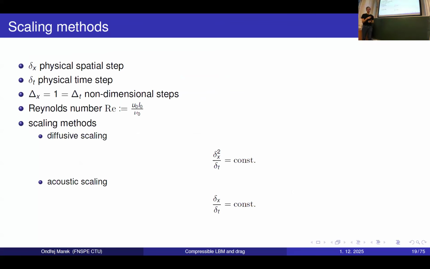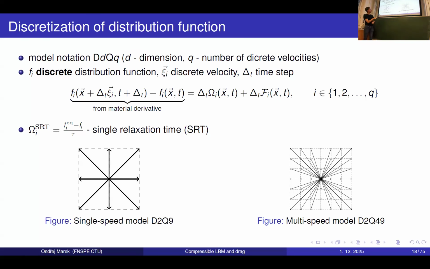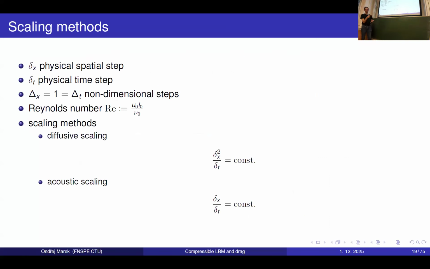non-dimensionalization step needed. We can't just use the physical dimensions, because we need to move in the lattice where everything is scaled, so that the delta t is 1, the time step is actually just an index, and the lattice is also just indexed by the delta x. Every step is 1, and we are coming from here. I denoted by a small delta, where we are keeping the Reynolds number of the simulation.